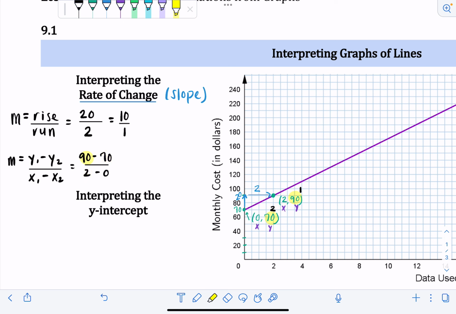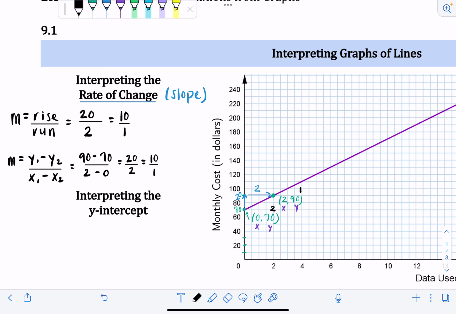Now I can go ahead and simplify. 90 minus 70 is 20 over 2 minus 0, which is 2, and 20 over 2 simplifies the same way, so 10 over 1. So we found the slope. It's 10 or 10 over 1, however you want to read it. We haven't interpreted it yet though.